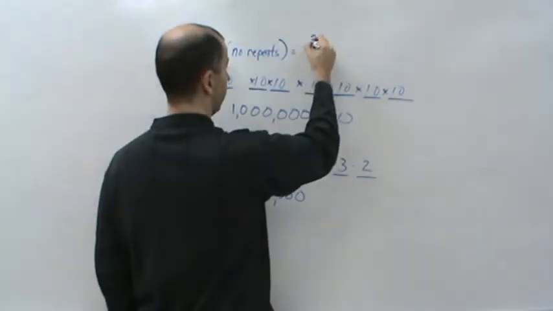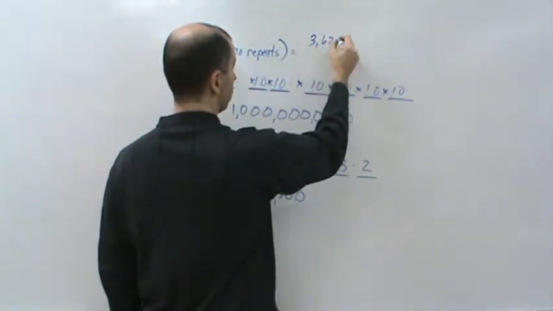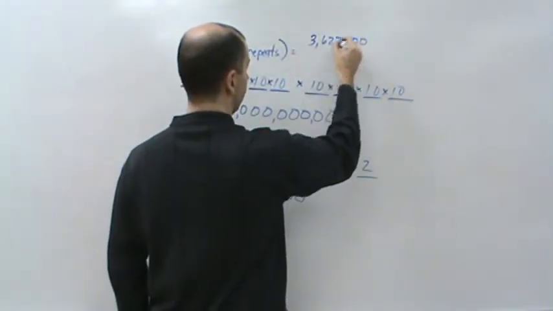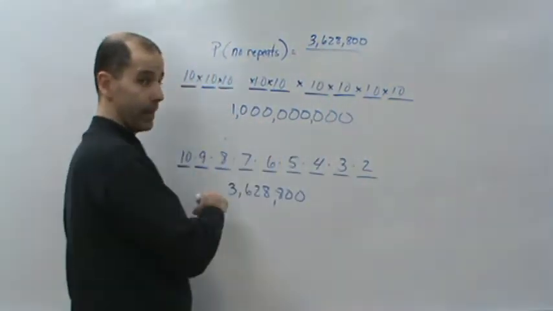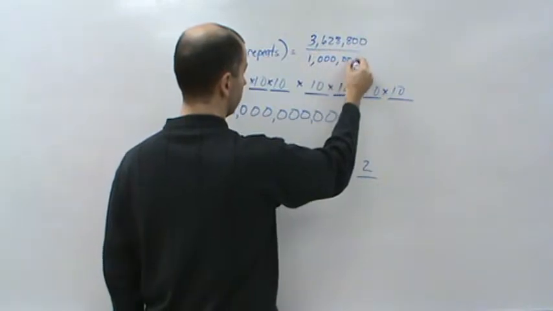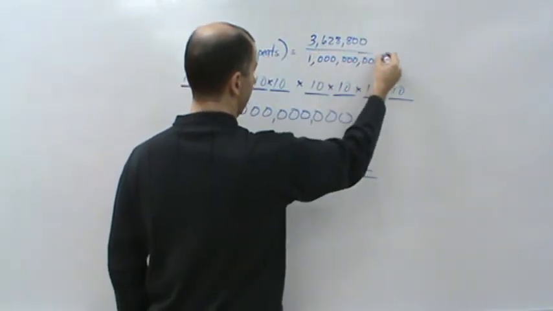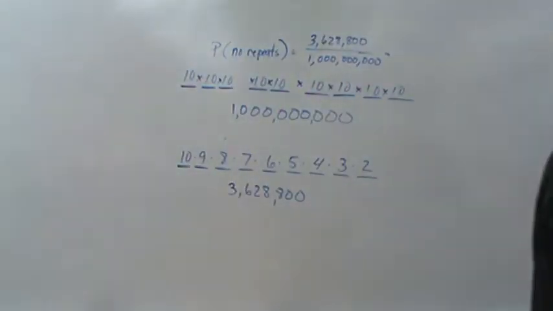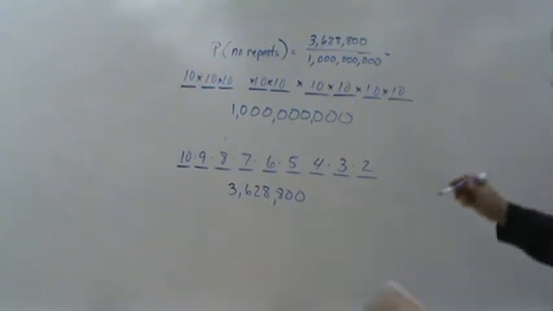That's this number, 3,628,800, divided by the total number of possible Social Security numbers, which is 1 billion, and divide them. And so we get 0.004.